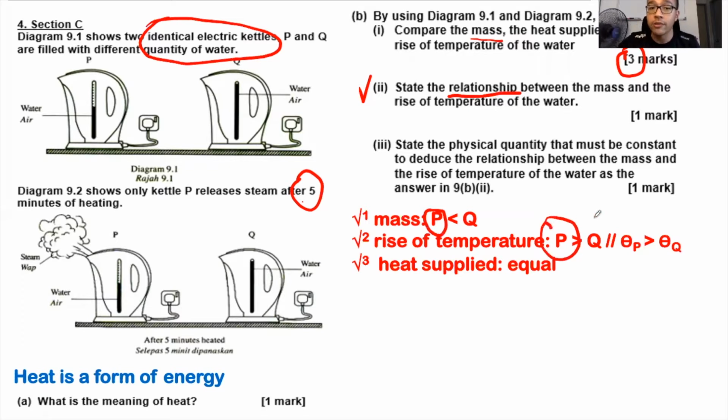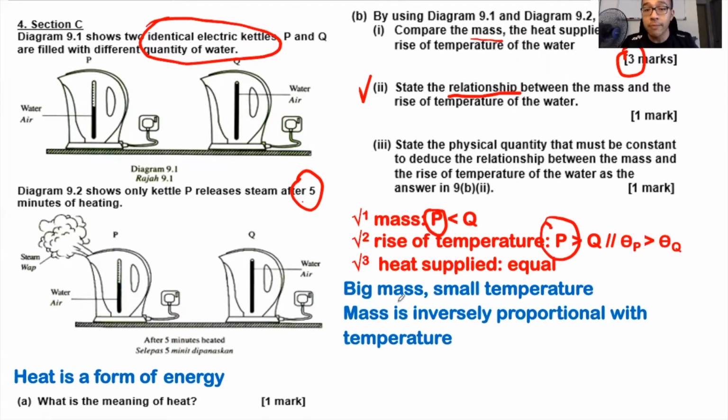So the relationship will be the bigger the mass, the smaller the rise of temperature. We try not to use the words, mass is inversely proportional with temperature. Usually I would prefer this: the bigger the mass, the smaller the rise in temperature, or the other way around, the smaller the mass, the bigger the rise in temperature.